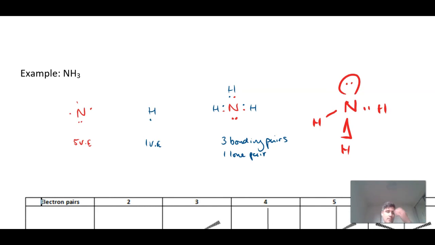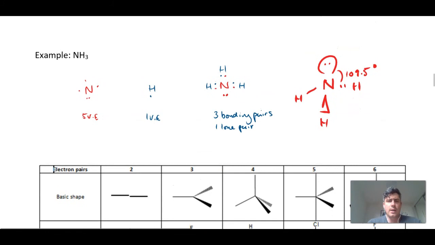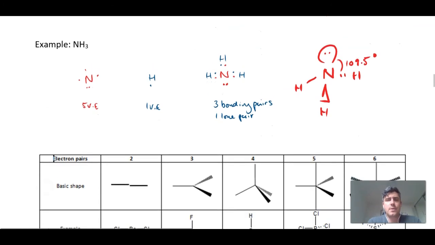That shows the angle would be based on the tetrahedral angle of 109.5. The lone pairs do affect it slightly, so it's not quite the same as a perfect tetrahedron, but we can go into that another time. So that's a quick overview of what you would do to work out the structures.